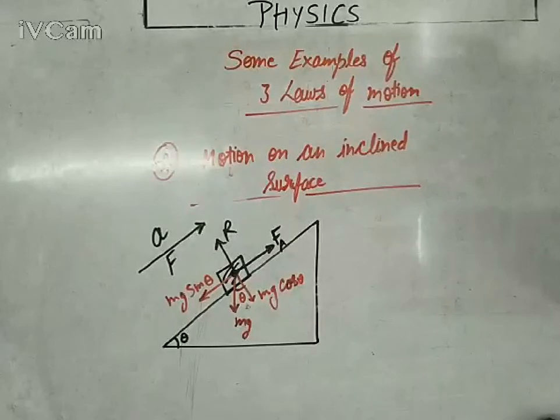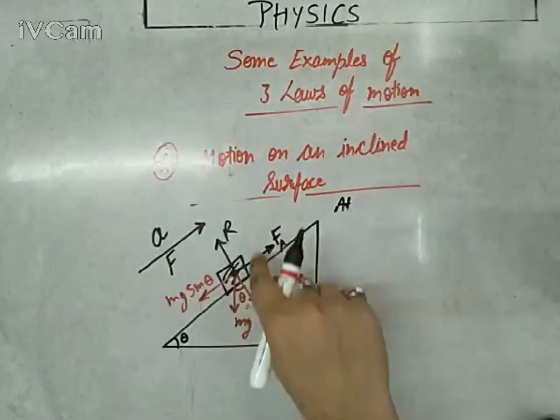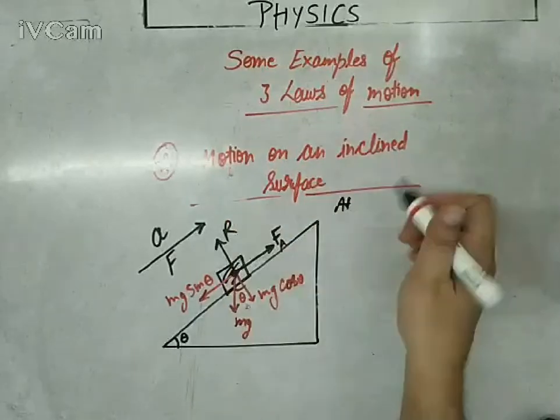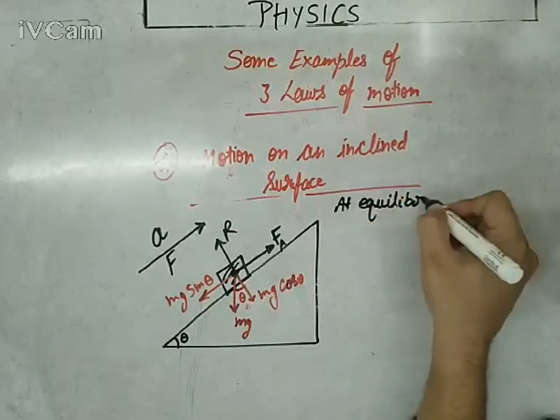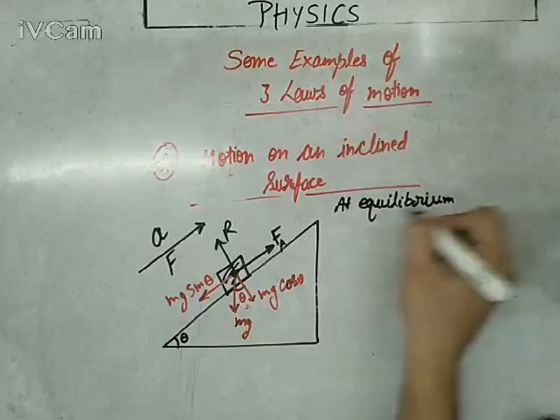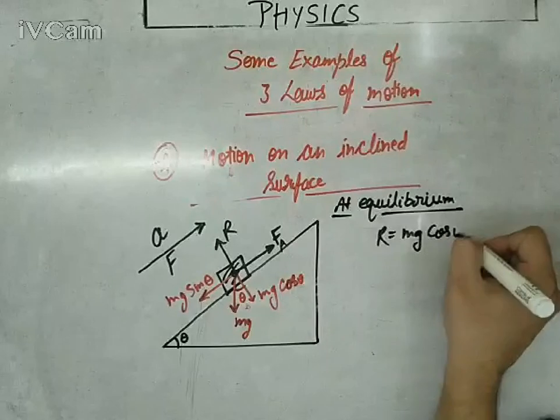So we can make the required equation for this. At equilibrium, since the body is not moving up and down according to this mg cos theta or R, for that situation it is a different thing. Keep this in your mind. At equilibrium, R is mathematically equal to mg cos theta.